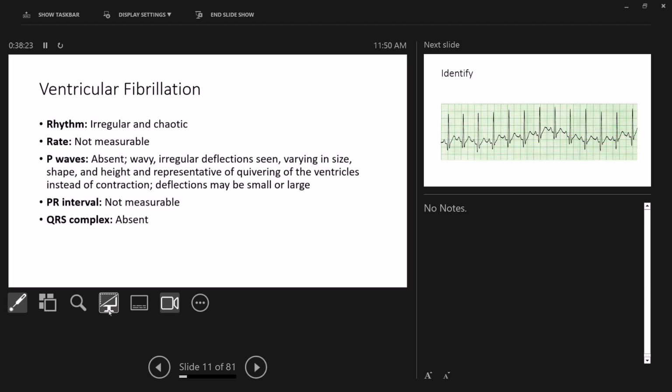So if you are looking at this and you're going, okay, is that just VTAC or is that torsades? If you can draw a line across the top and that line is fairly straight and across the bottom, that's just simple VTAC, okay? With torsades, we see this. So basically think of it as kind of like the waves of the ocean. And that would be torsades or polymorphic VTAC. Okay? Anybody else?